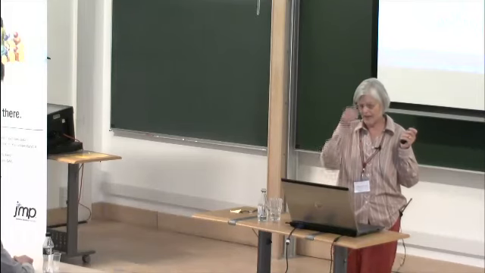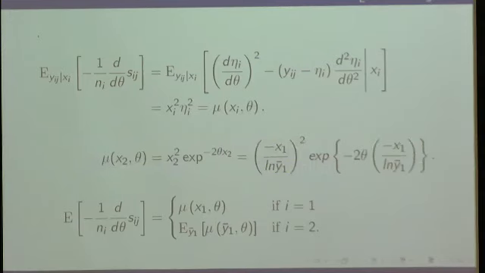Okay, so here's looking at the information a little more carefully. We have the expected value of minus the second derivative of the log likelihood, and I write it out, as on the other slide, so that you get all the terms in the middle. This is for our particular example once you take the expectation, and I had defined that to be mu sub i.